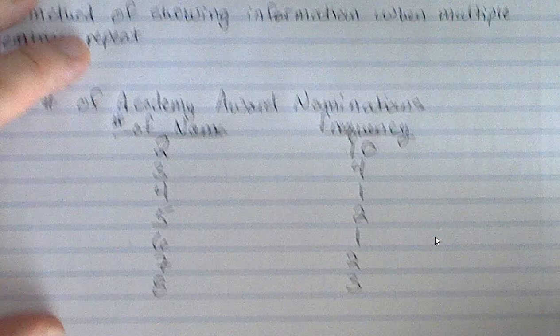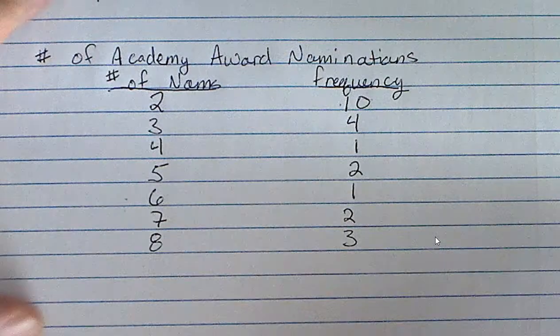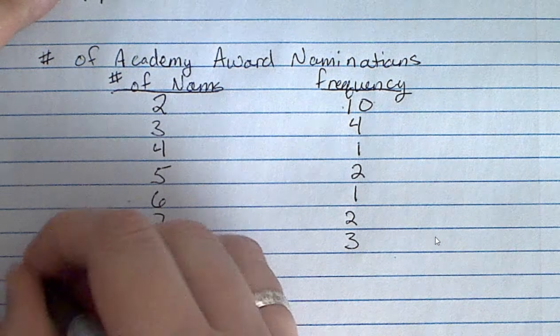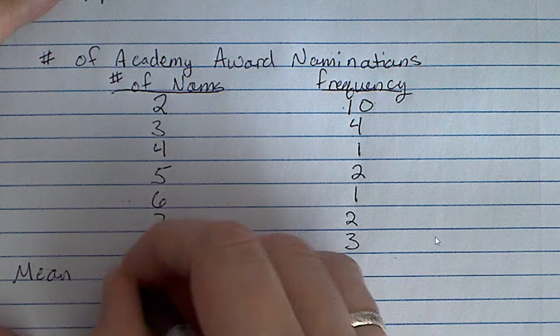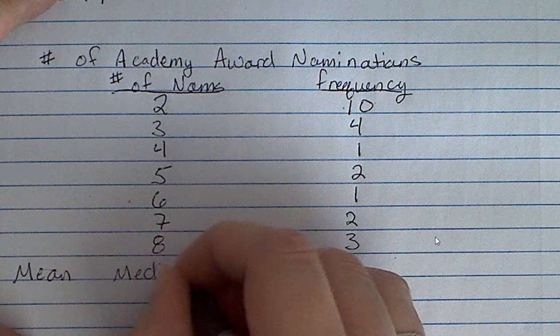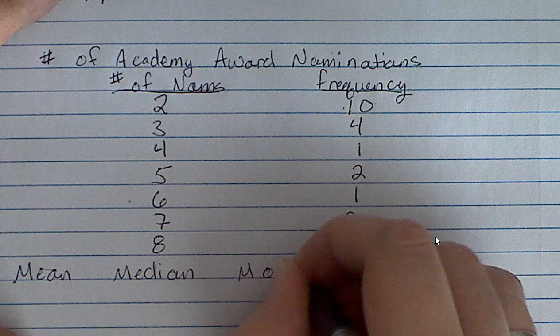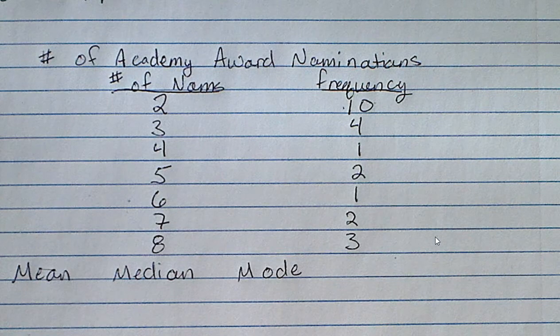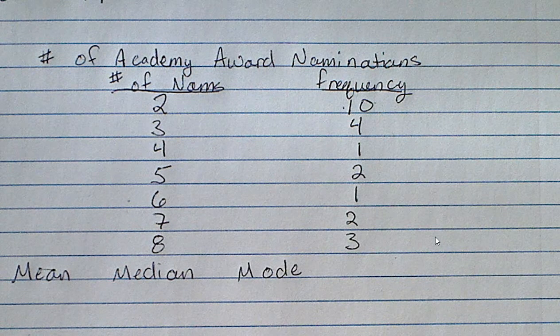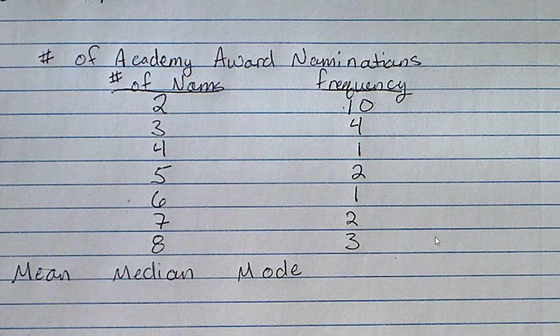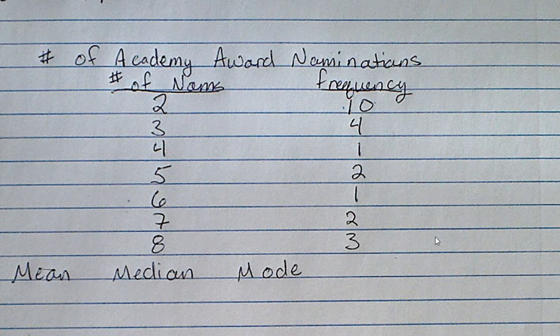So let's try and do some math to this. Let's try and find the mean, the median, and the mode. So one of these is way easier to find than the other 2. Yeah. The mode is way easier to find than the mean or the median. Okay?